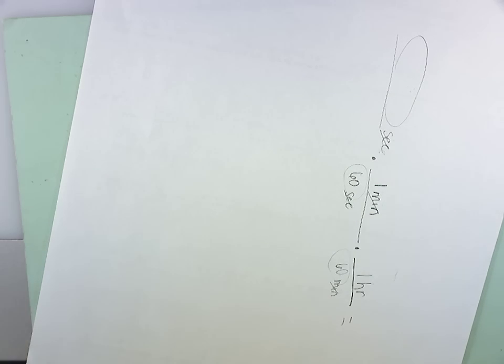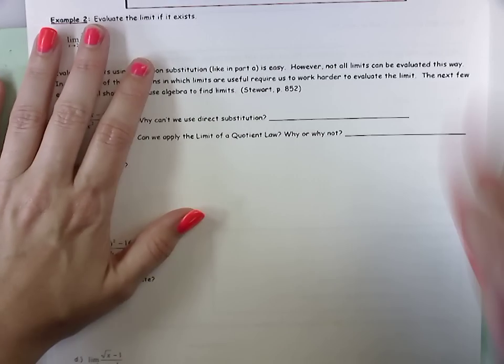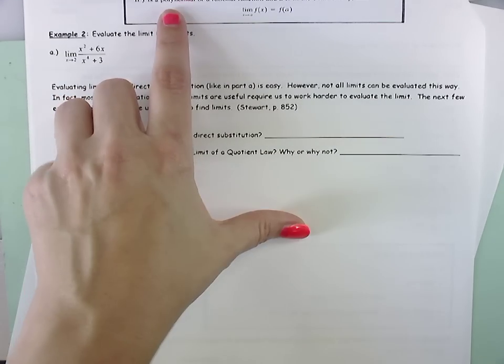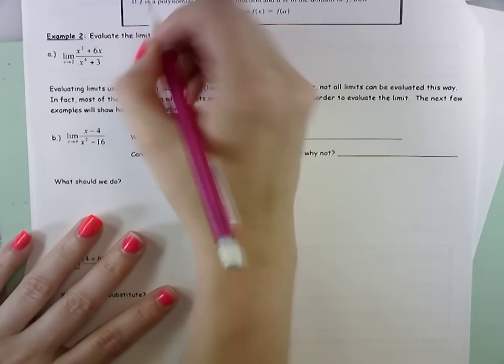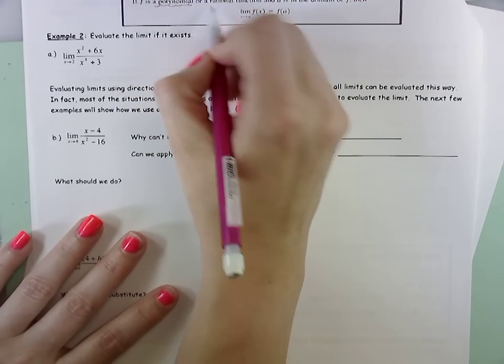Okay, so when you have direct substitution, that's going to occur when your function is a polynomial or a rational function. What's a rational function again?